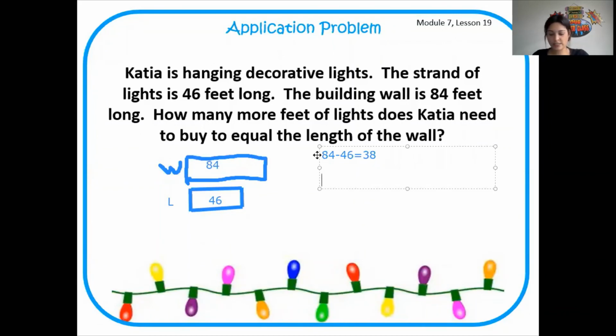Now we need to write our word sentence. What is the question asking? How many more feet of light does Katya need to equal the length of the wall? So the answer, remember we use the same words from the question to answer. So Katya needs 38 more feet of lights.